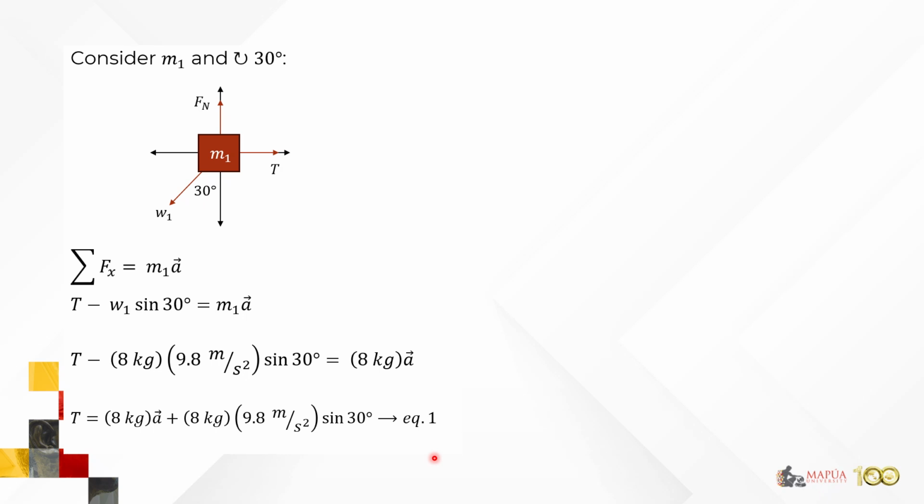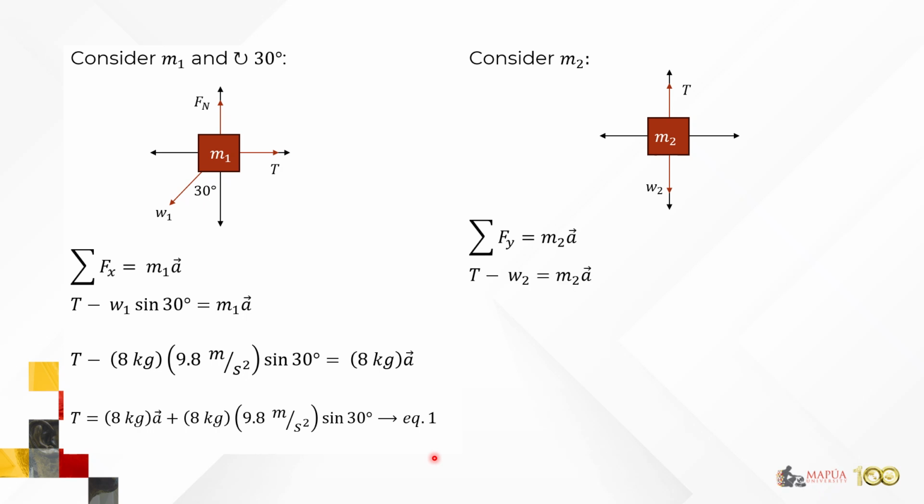Again, we're going to use systems of equations to solve for this. Next, for m sub 2, we don't need to rotate it, because both vectors, T and weight sub 2, are already on the y-axis, so they don't really have x components. So here we're just going to use the summation of y components.